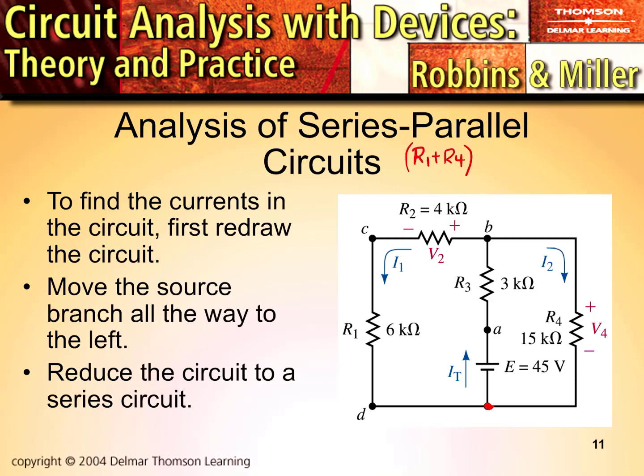That current division node is the same point as D. You see that? It's the same point. So realize that we may find it helpful when points are kind of separated or spread out like this, understanding they are the same point. Label this D. We're going to label that D before we start our redraw.